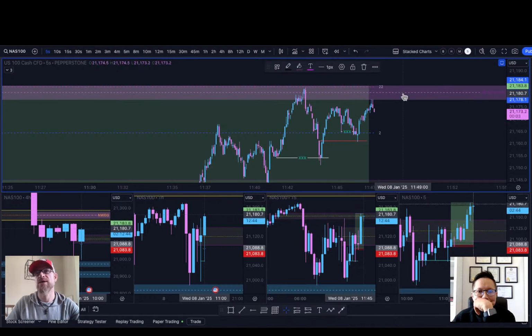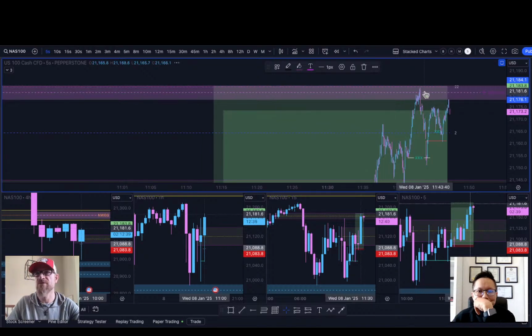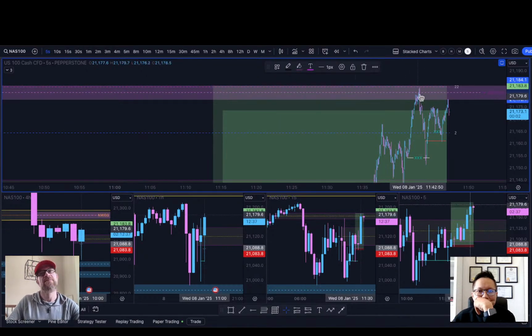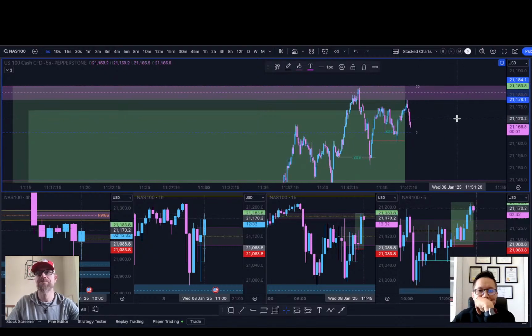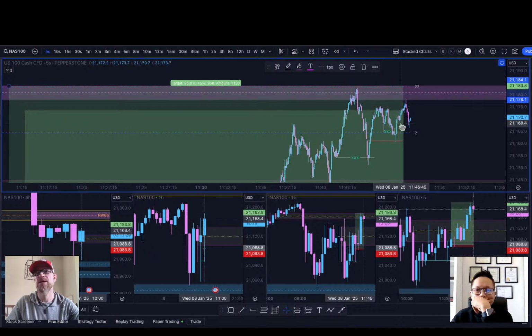Mind you, this purple box here is a sell zone, a supply zone. We sold perfectly out of it. So not crazy to think that we just missed the TP. So now we're back into this.